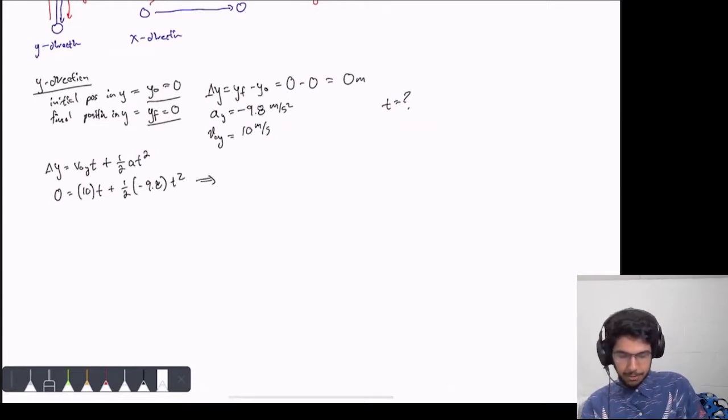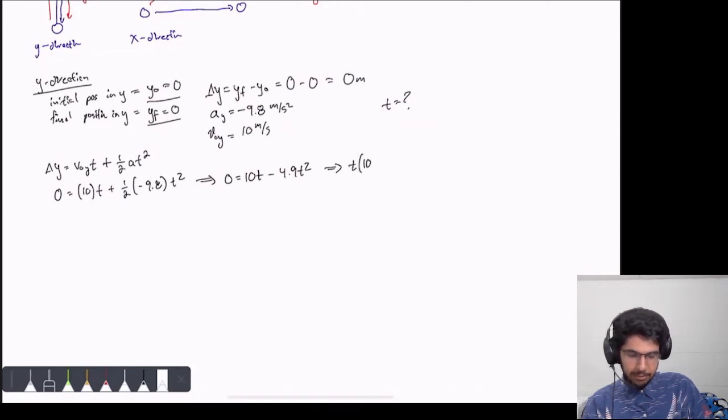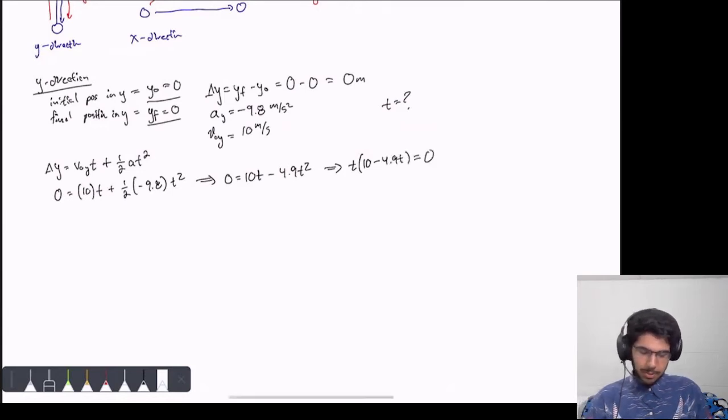So if we simplify this, we get 0 equals 10t minus 4.9t squared. And I'm just going to swap the sides a little bit and factor out a t. So we'll get t times 10 minus 4.9t equals 0.